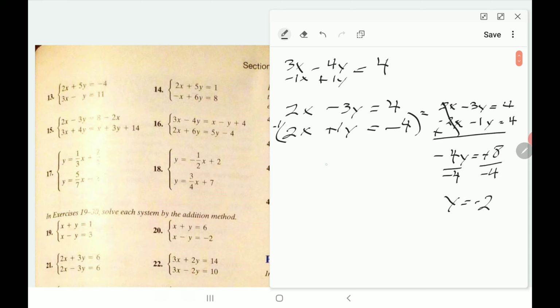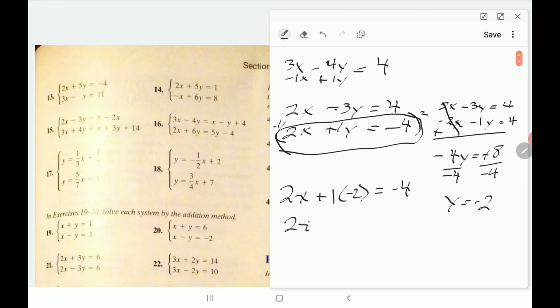So I'm going to plug that in. Let's say I'm going to plug it in here into this equation. It doesn't matter which equation I plug into. So 2x plus 1 times negative 2 equals negative 4.